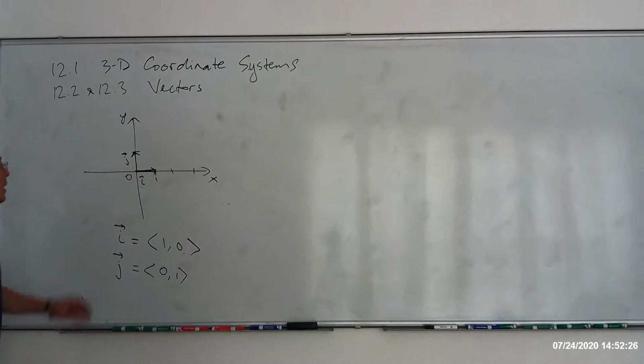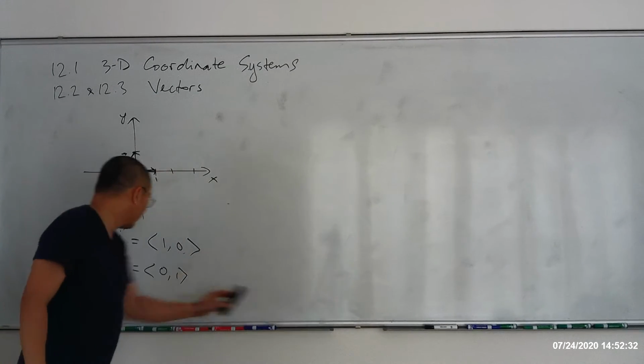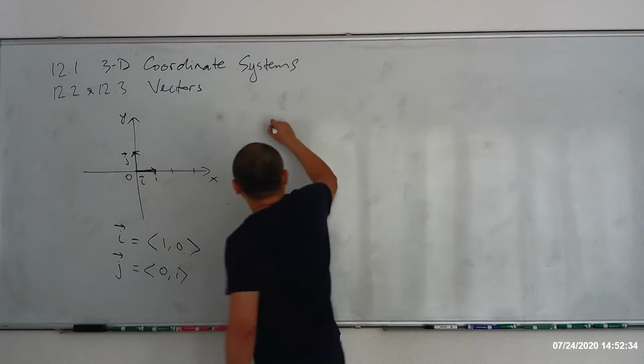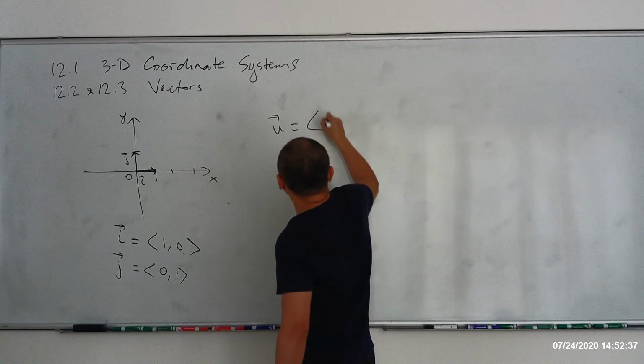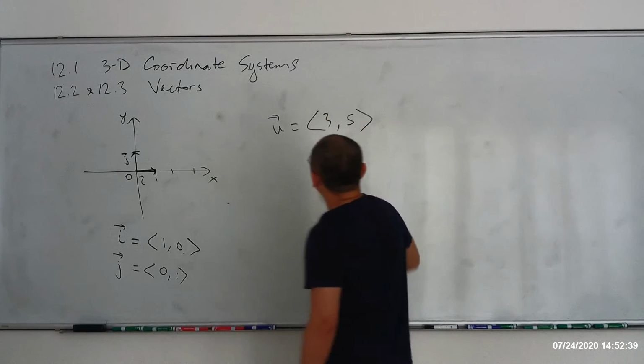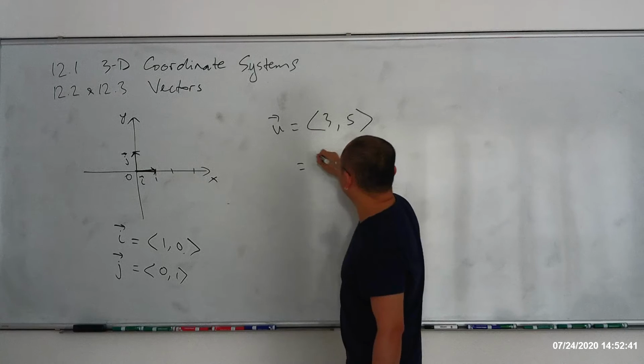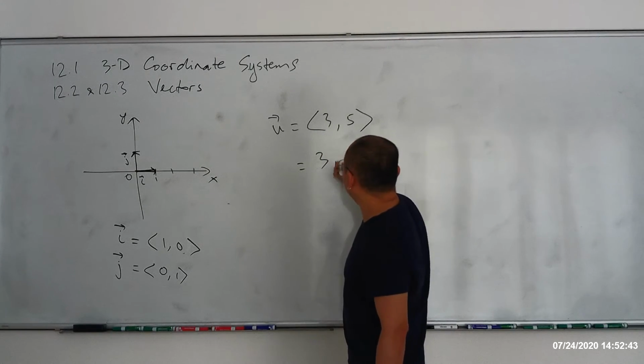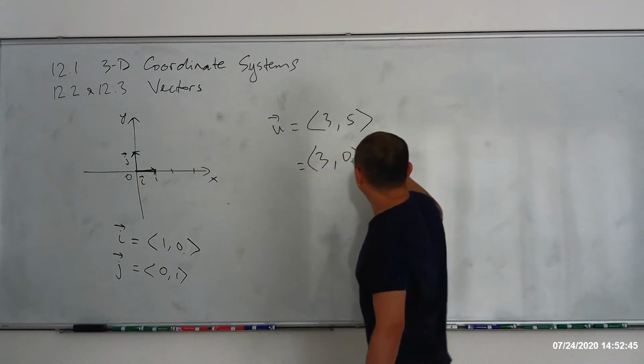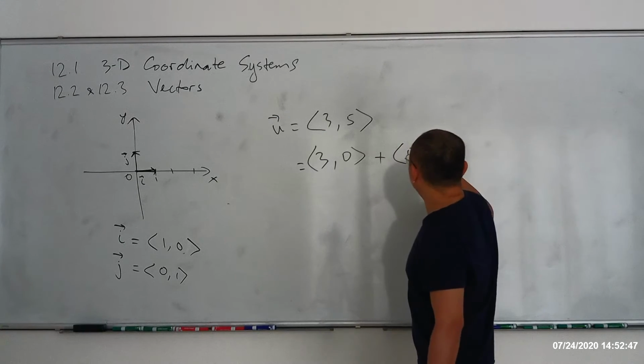And you know what? Every single vector in 2D space can be represented as a combination of i and j. See why? For example, u, we call that what? 3, 5. You can think of u as 3, 0 plus 0, 5, right?